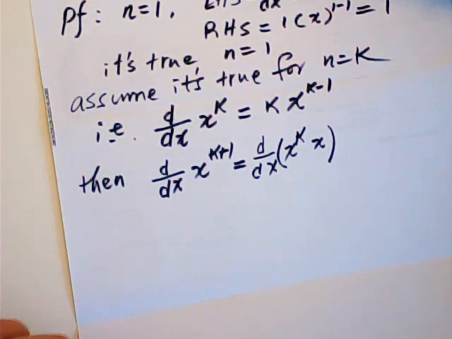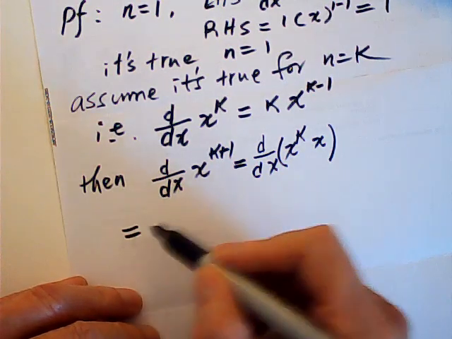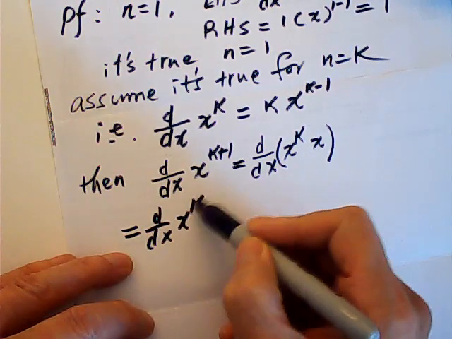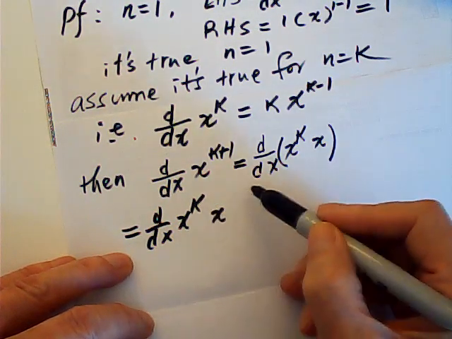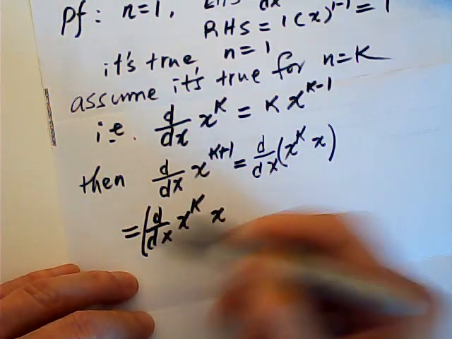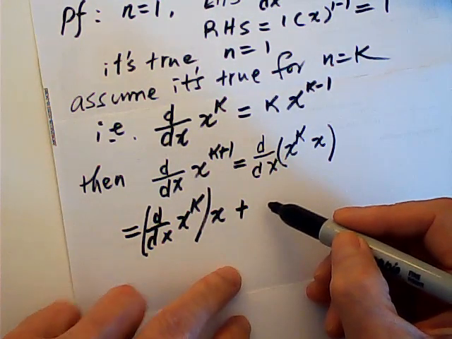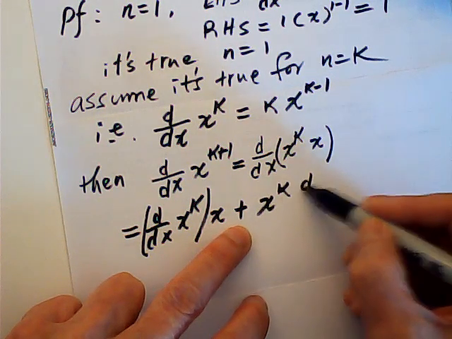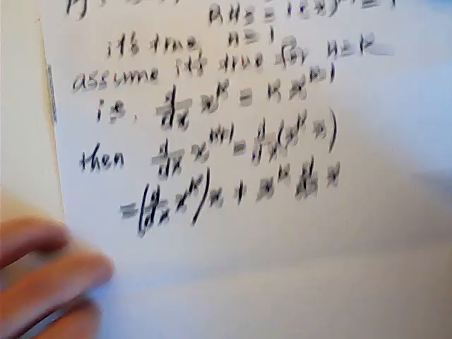Now then, by the product rule, it is equal to the derivative of x to the power of k times x, plus x to the power of k times the derivative of x with respect to x.